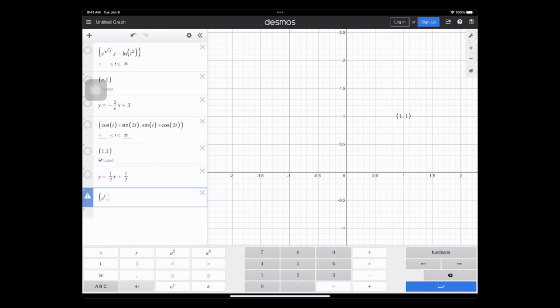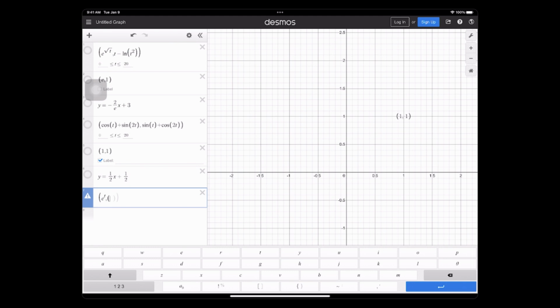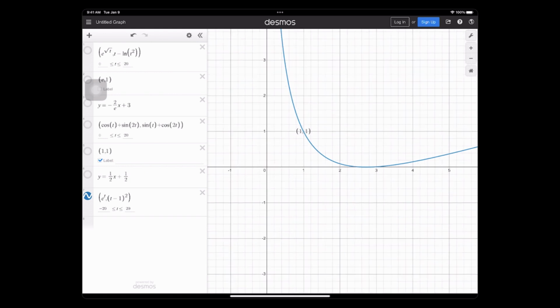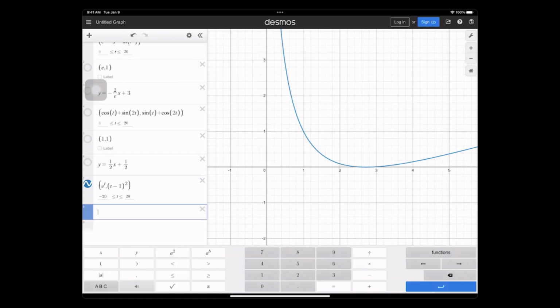T minus 1 squared? And t could be anything. So I'm going to put negative 20 to positive 20. T is any real number. And then the location now, the point we looked at now, by the way, wasn't that e, 0, I think? Yeah.